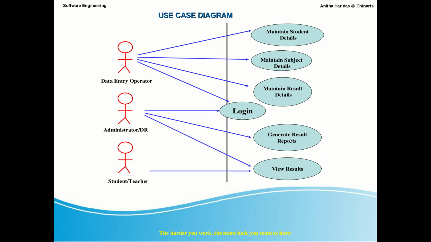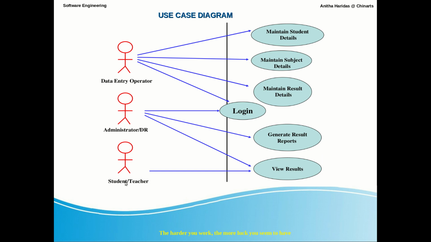This is a sample example given in your textbook, Agarwal's textbook. You can also go through the other concepts and the detailing of the example. For the result management system, Agarwal has described this particular example. So these are the 4 use cases that you can have for the data entry operator.